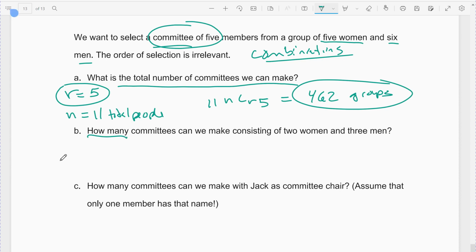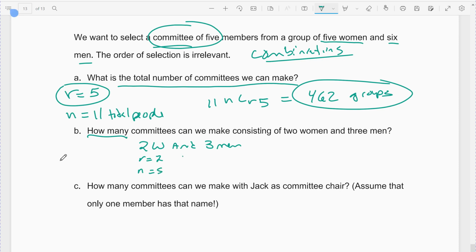How many? So again, not a probability, just a count. How many committees can we make consisting of 2 women and 3 men? So I'm looking for a specific group that contains exactly 2 women and 3 men. So it means I want to pick 2 women and 3 men. Alright, it's a combination case. For the women, I'm picking 2 women from a total of 5 women.